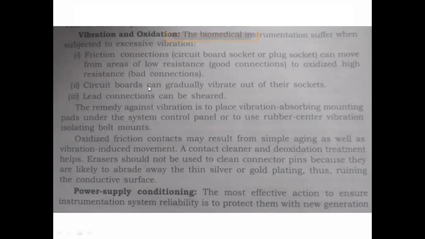Suppose we are using a patient monitor care unit, an ICU care unit, and that particular equipment is placed near a vibrating machine, such as a compressor. The compressor continuously vibrates, so by that vibration the circuit boards and the components in the equipment will also vibrate. Slowly, due to that vibration, those components will come out of the sockets.